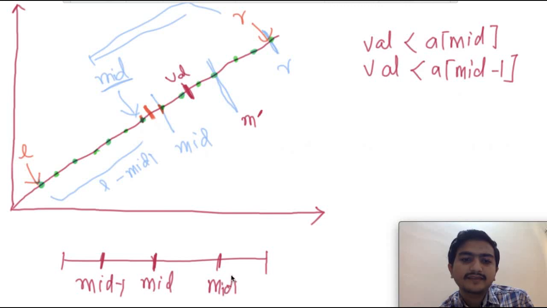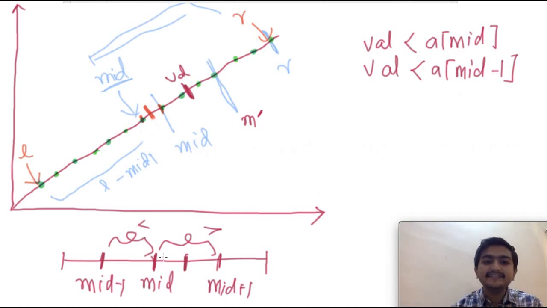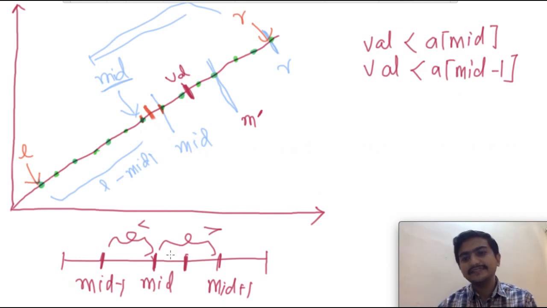Why so? Because if it is greater than this, and it lies just in between, then I will get my answer. Or if it is equal to a of mid, then just return a of mid, because if it is equal, then you cannot have any other value closer to a of mid. That will be the answer.